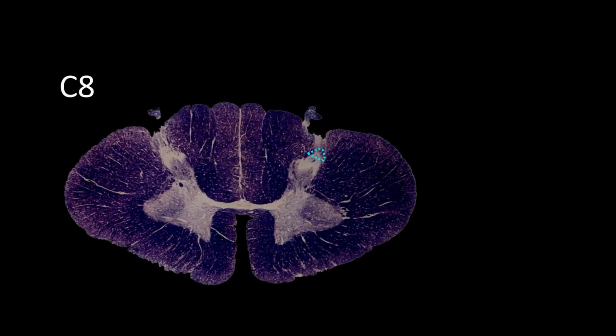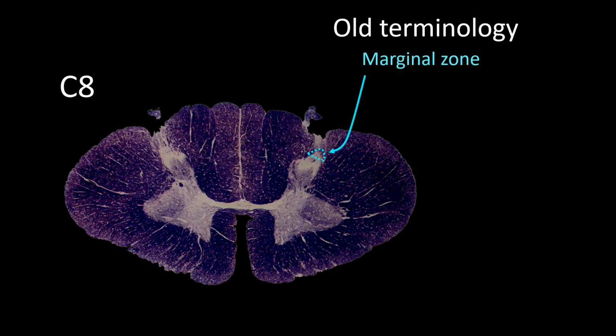We will use a C8 spinal segment to talk about the microarchitecture of the gray matter in the spinal cord. At this point, it is important to stress that not all laminae are present at all levels of the cord. We will start with what is considered the old terminology because it is still very much in use. The distalmost region of the dorsal horn is called the marginal zone.